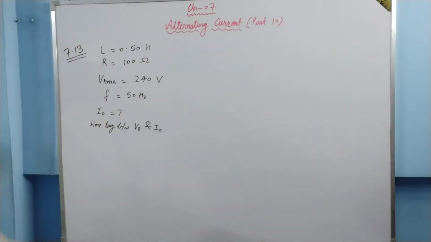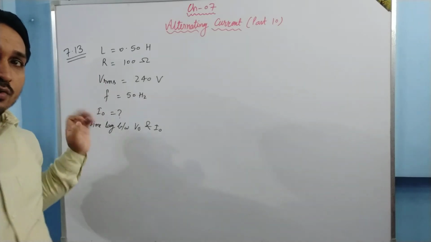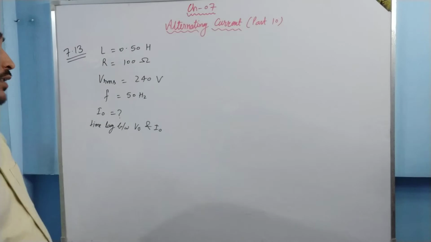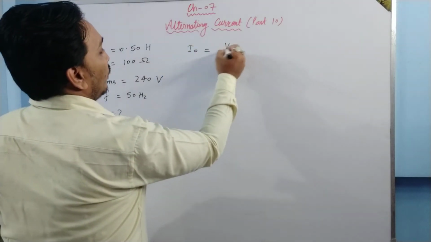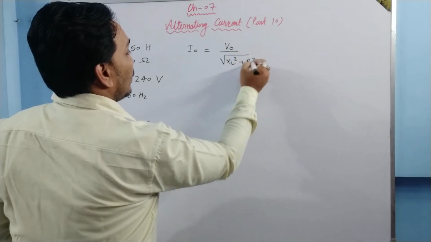First of all, what kind of circuit is this? One inductor is connected, one resistor is connected. So basically it is an LR circuit. Now in an LR circuit, the value of maximum current is given by V0 upon under root XL square plus R square.